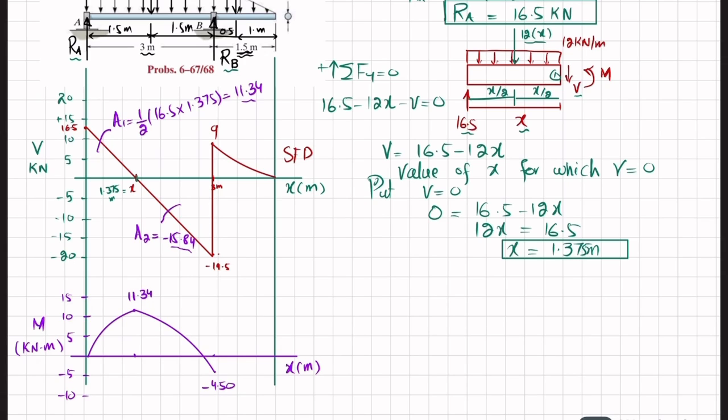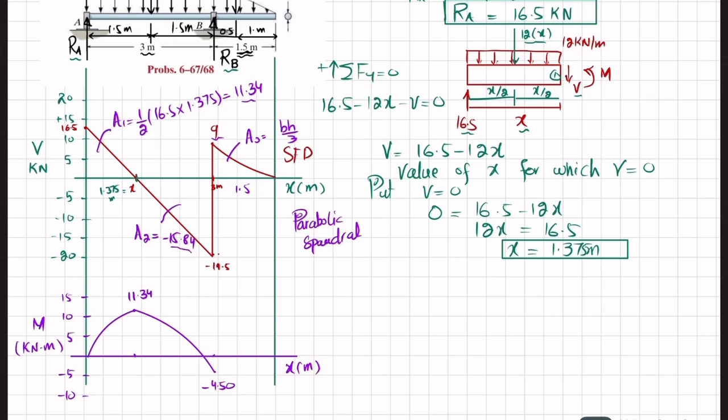Now the third area is this one, and this area is A3, and this area will be equal to BH over 3, because this is a parabolic spandrel and its area is equal to BH by 3. So B is this one, which is 1.5, and H is 9.